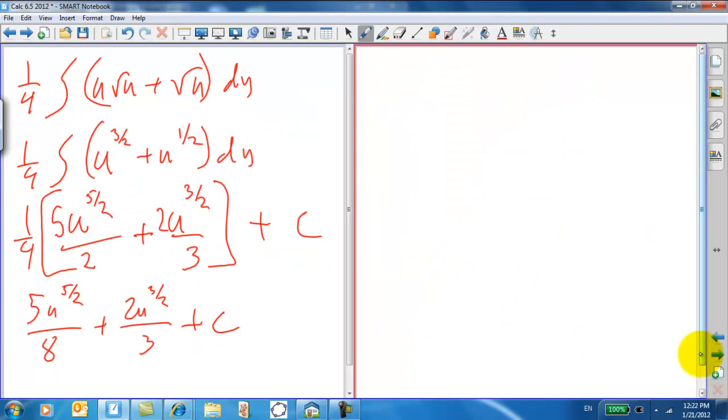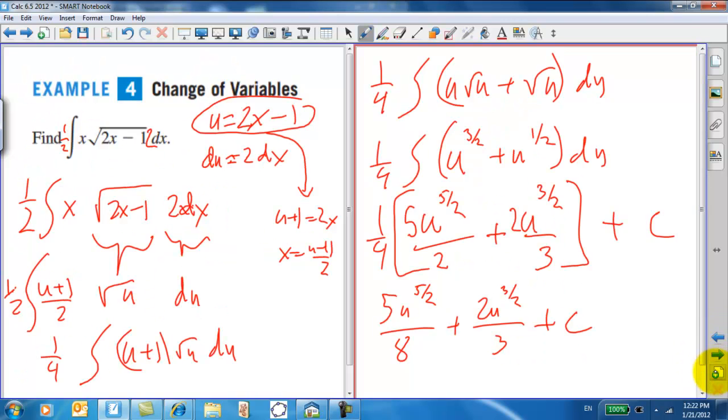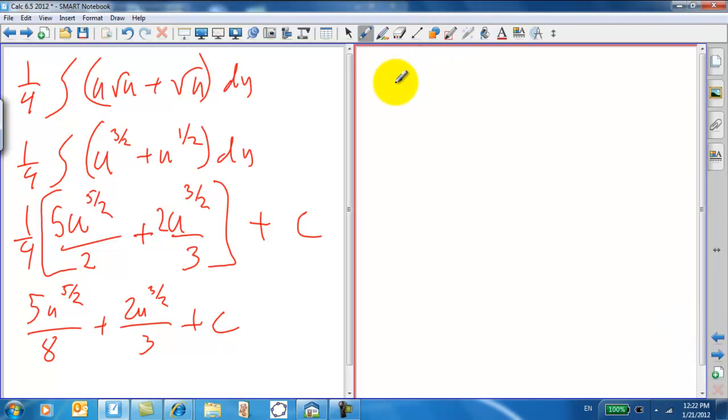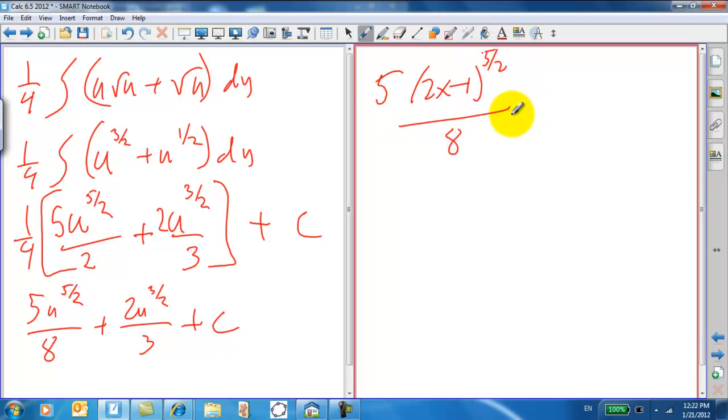And then it's just a matter of unsubstituting. Remember, u is equal to 2x minus 1. So you got 5 times 2x minus 1 to the 5/2 over 8 plus 2 times 2x minus 1 to the 3/2 over 3 plus your constant of integration.